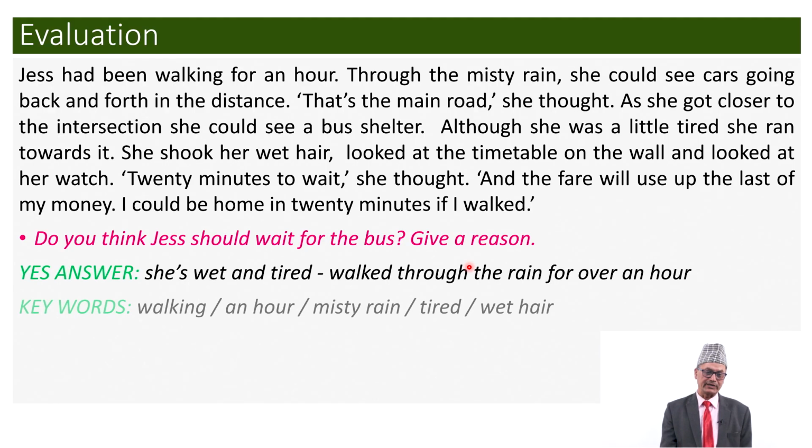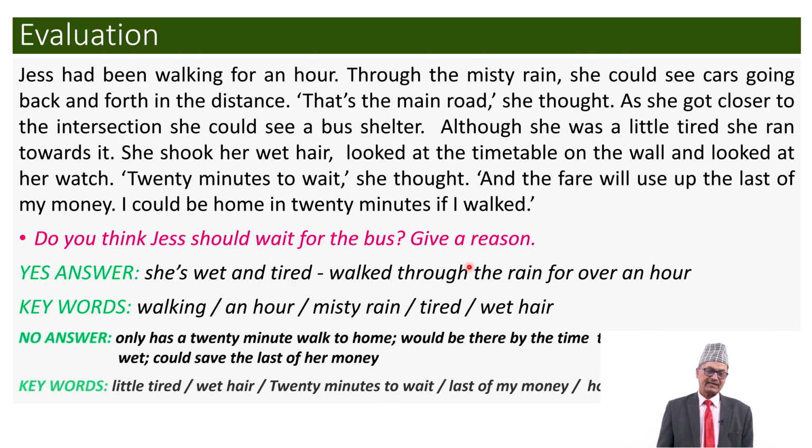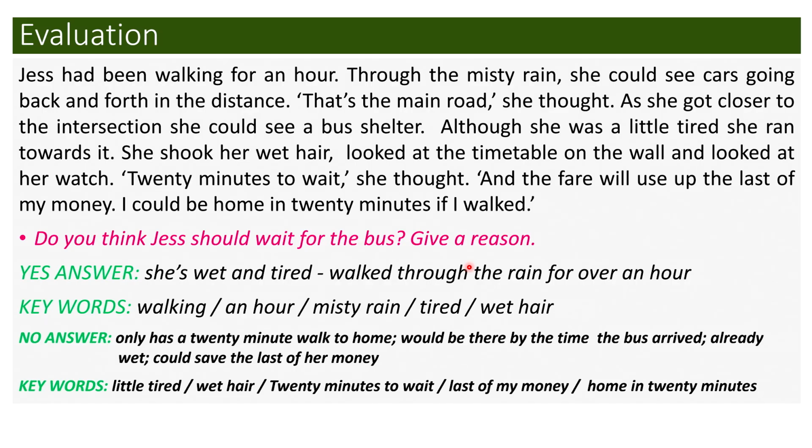So what's the answer? You may have two answers. I'll quickly show you that. Have a look. Yes answer: she is wet and tired. What are the words you look for? Walking, an hour, misty rain, tired, wet hair. Similarly, you could have a no answer as well. Why no? She only has a 20-minute walk to home.